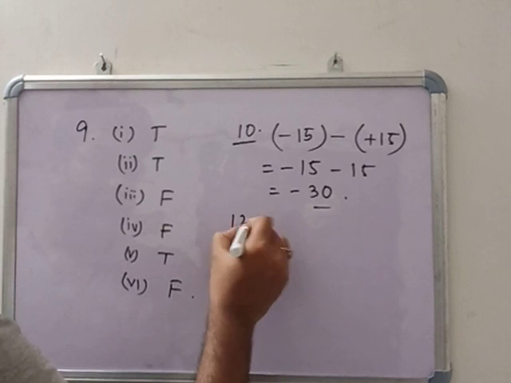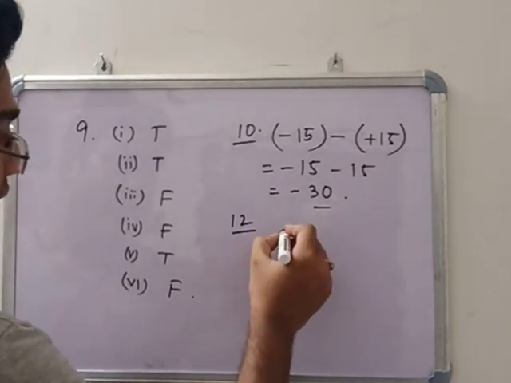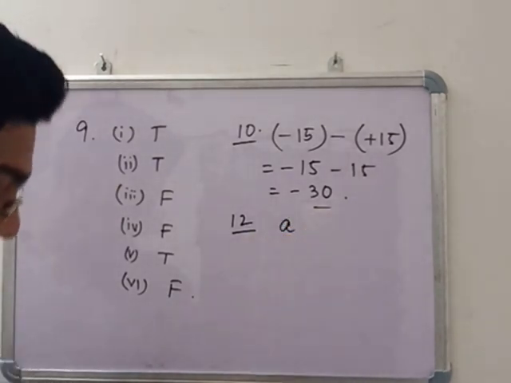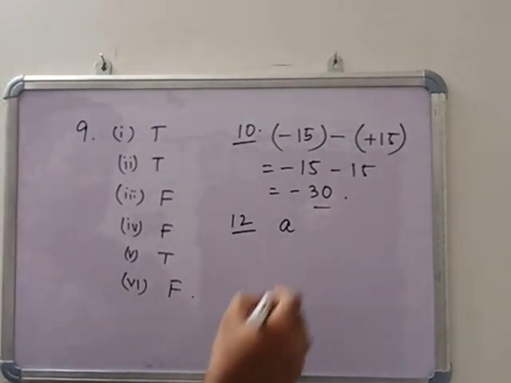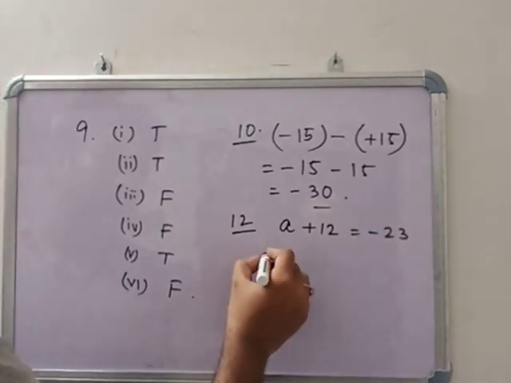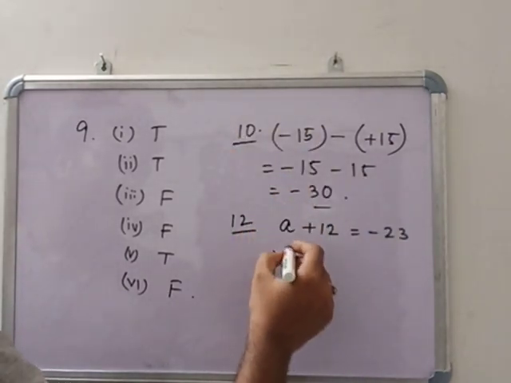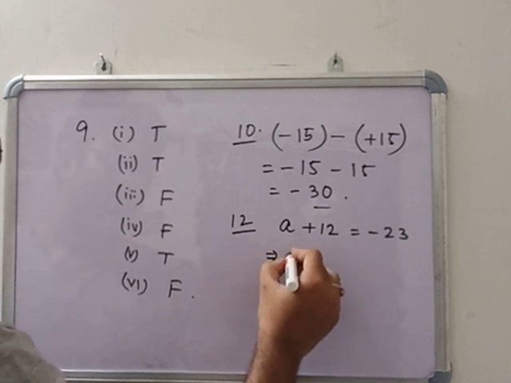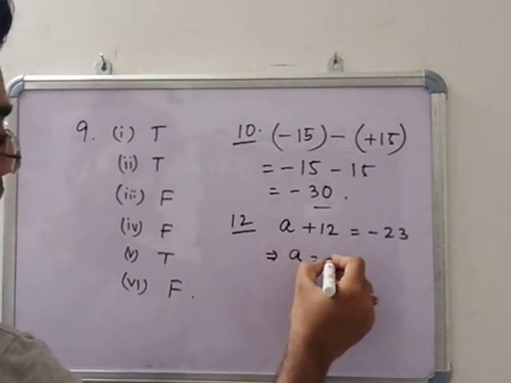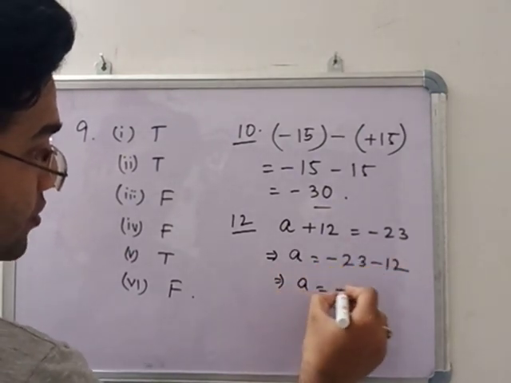Now in number 12, see that the sum of two integers is minus 23. Suppose a is an integer and 12 is another integer. Sum is minus 23. So now you have to find the a. Same process as previously for the fill in the blanks. So a equals minus 23 minus 12. That means a equals minus 35.